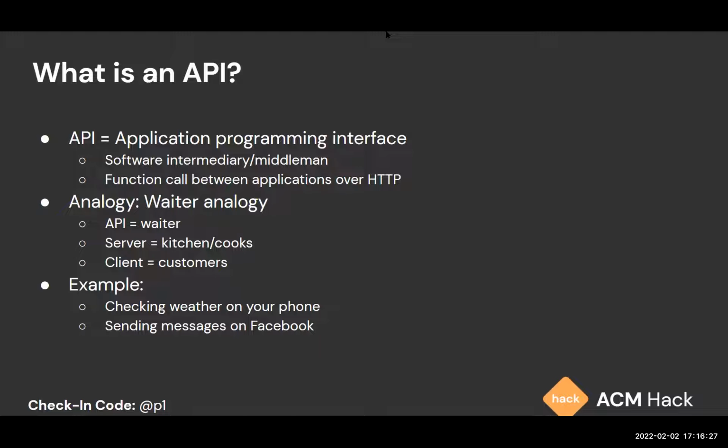And so a more practical example of this could be checking weather on your phone. You would go on your phone and open up a mobile application, the weather app or something. And you would be making an API request to that weather server. By making that request, you might specify, hey, I want to check the weather for this location.